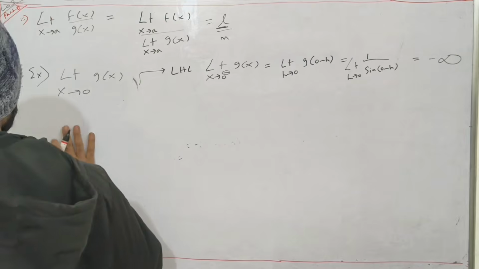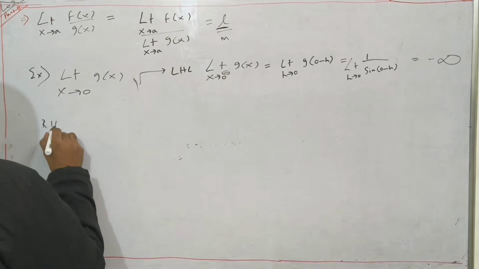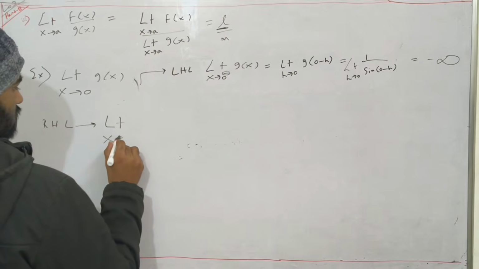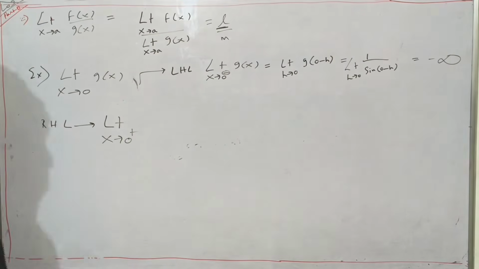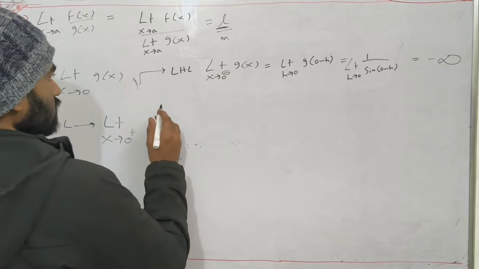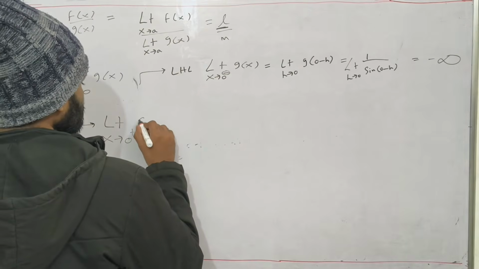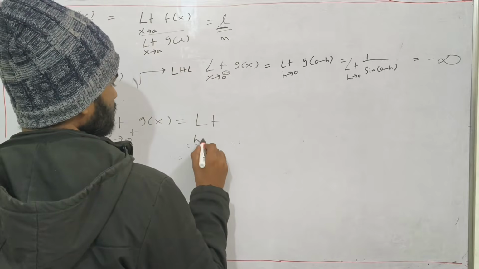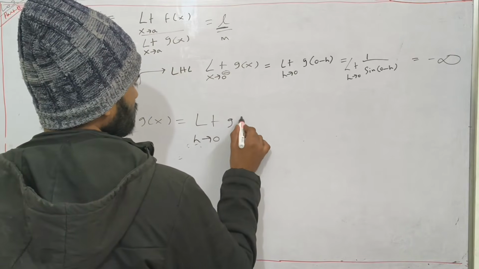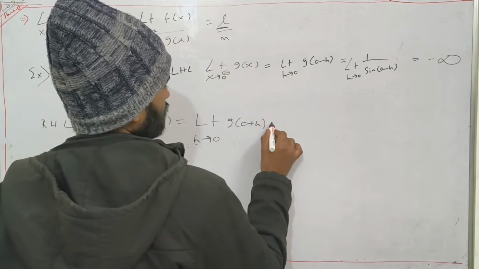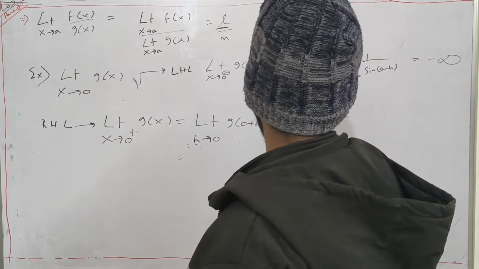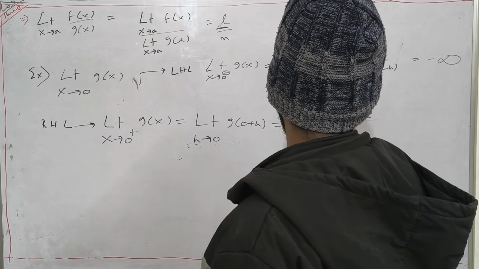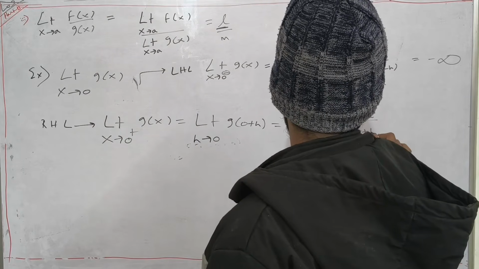Similarly, right hand limit is limit x tends to 0 plus g of x equals to limit h tends to 0 g of 0 plus h, okay, this is equals to limit h tends to 0, 1 by sine of 0 plus h.